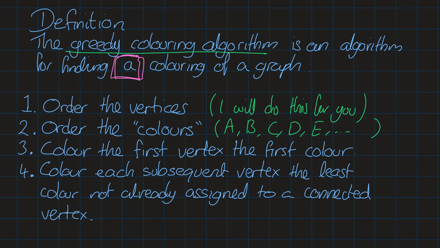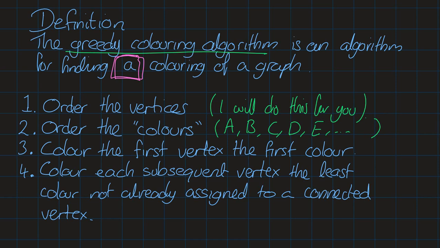That's what the colors are called. And this is convenient because most people know the order of the alphabet, so they're already in a nice, intuitive, natural order. Okay, so that's just setting up.